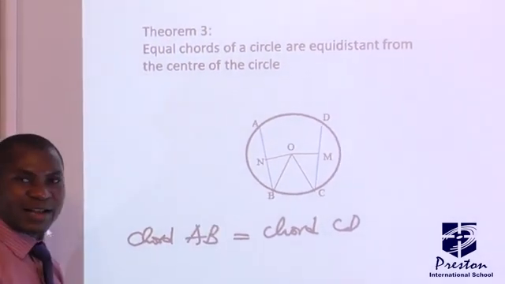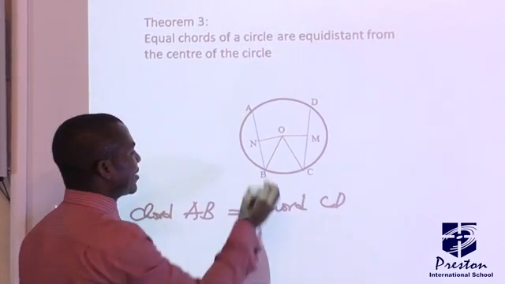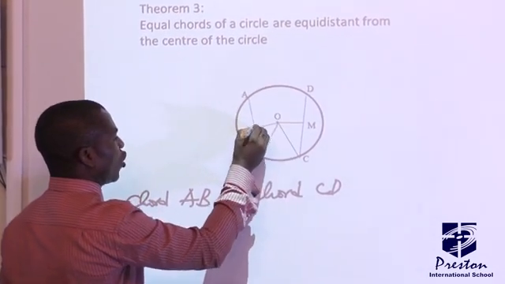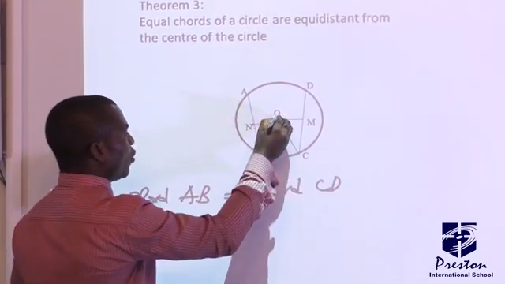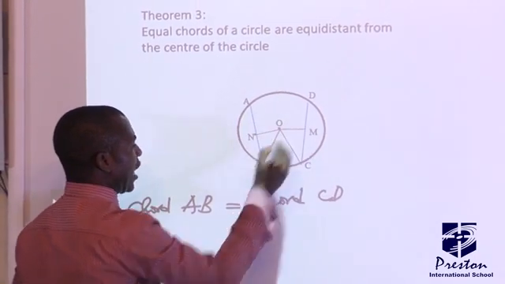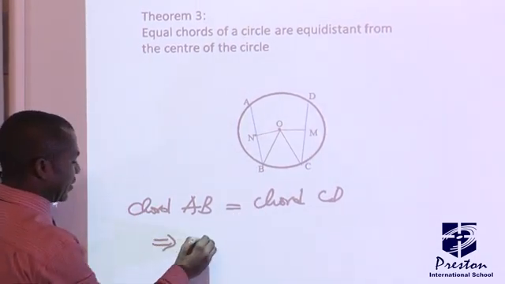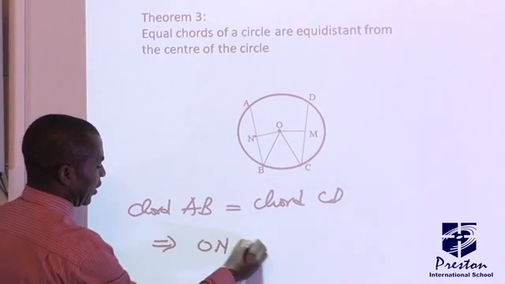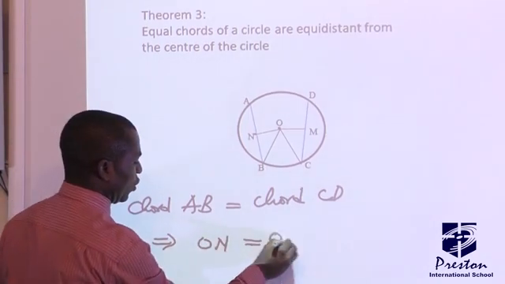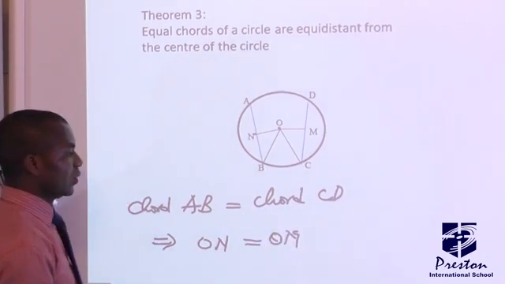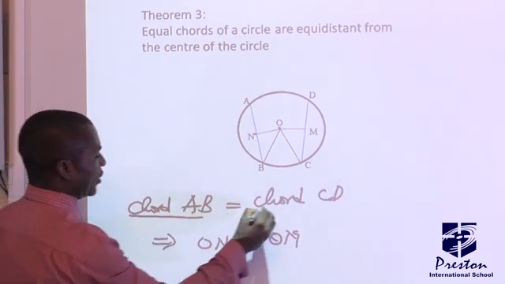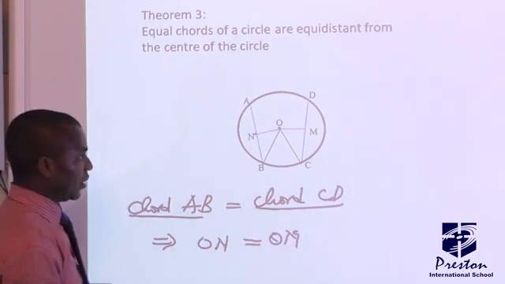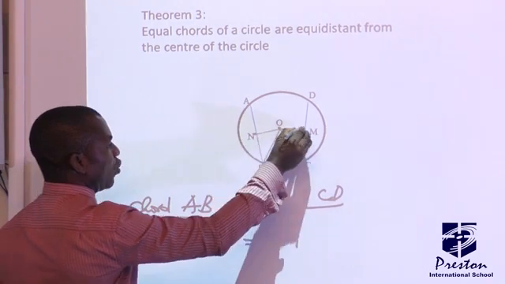Now, if these two chords are the same, that means that the distance from the center of the circle to the center of the chord, from O to N and O to M, as long as the two chords are the same, will make ON and OM the same.